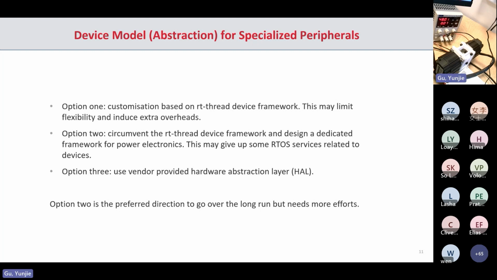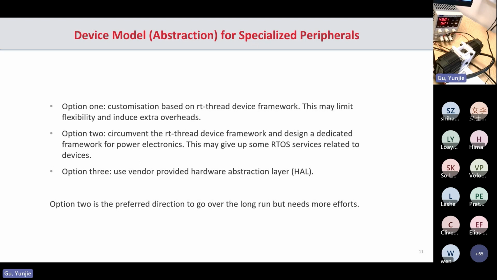It also opens some flexibilities. Say the device model opens some OPS callbacks, and you can define your own APIs based on those callbacks, which is good. But this may limit the flexibility of the PWM.